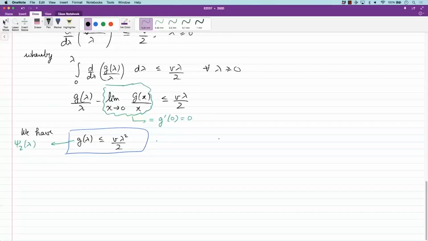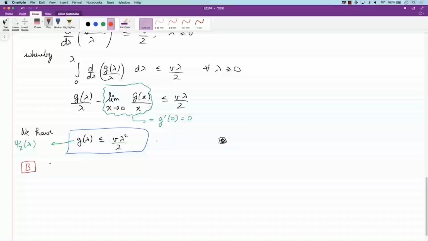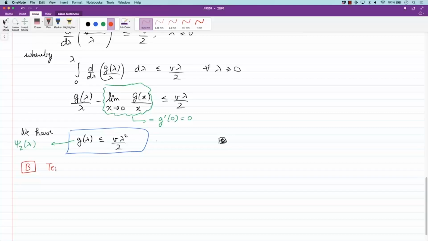Towards that tensorization argument, this is step B: tensorization of Herbst's condition.